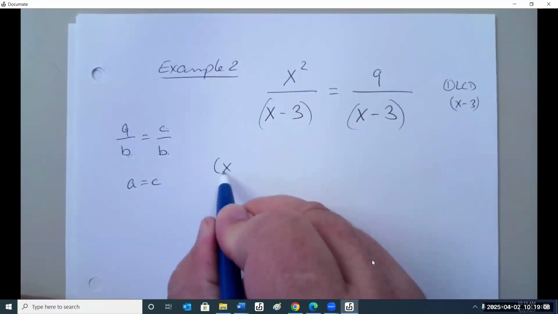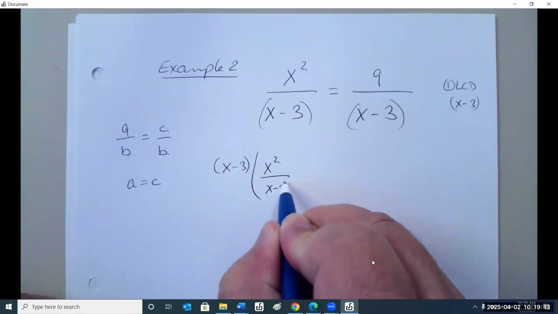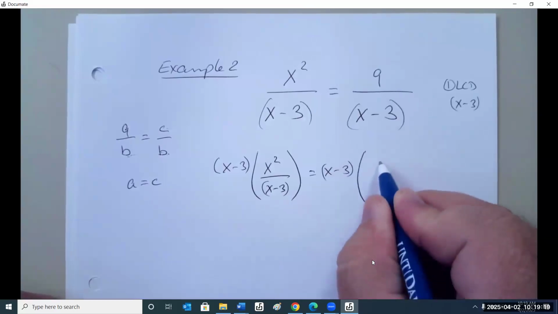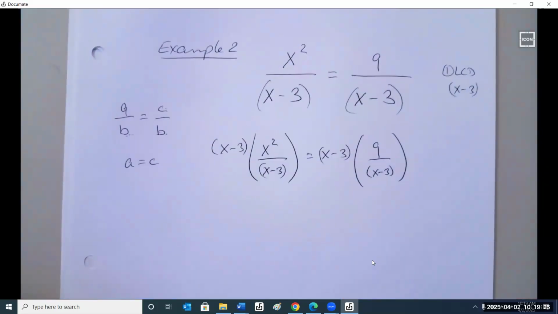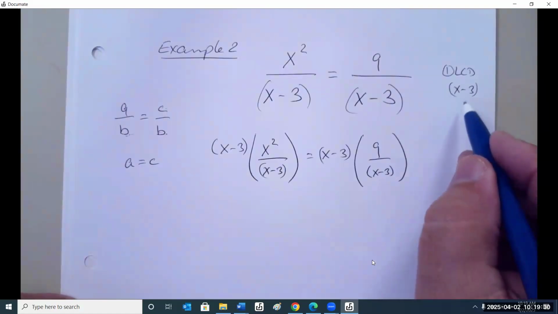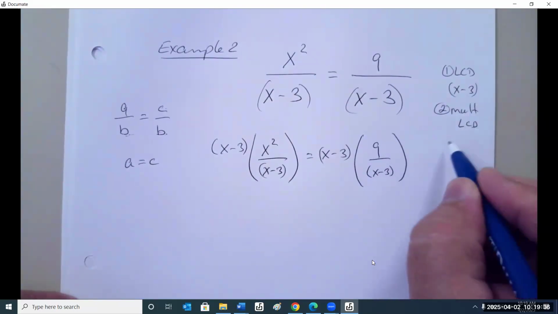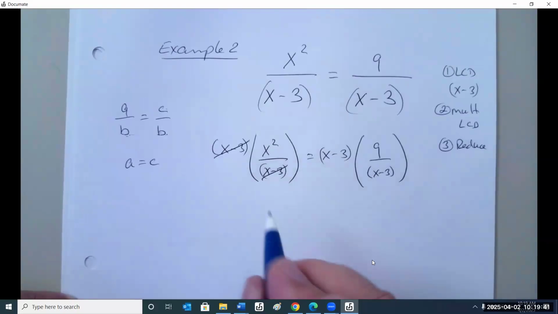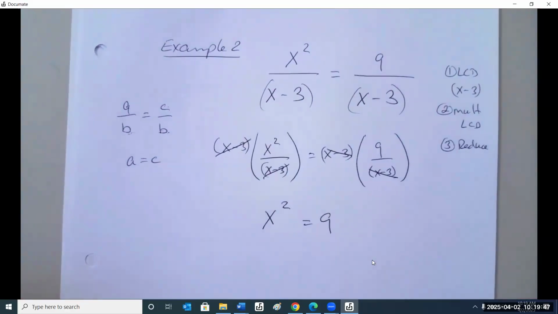We multiply both sides of the equation by x minus 3, the LCD. And then third step, we reduce. So the x minus 3 cancels, leaving x squared equals 9.